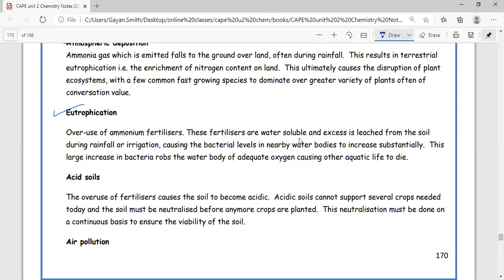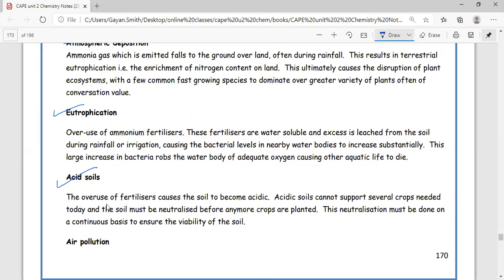These fertilizers are water soluble, and excess is leached from the soil during rainfall or irrigation, causing the bacterial levels in nearby water bodies to increase substantially. This large increase in bacteria robs the water body of adequate oxygen and causes other aquatic life to die. I'll expound on the eutrophication in a bit.